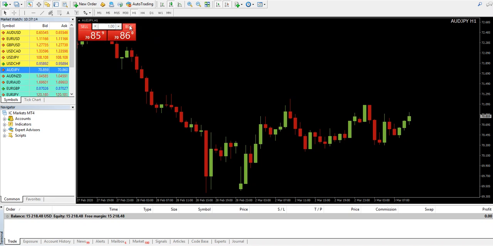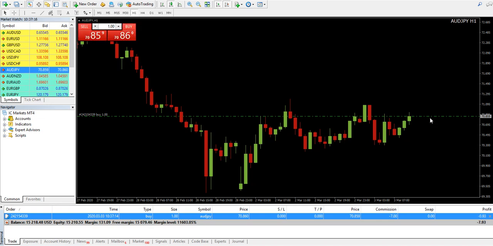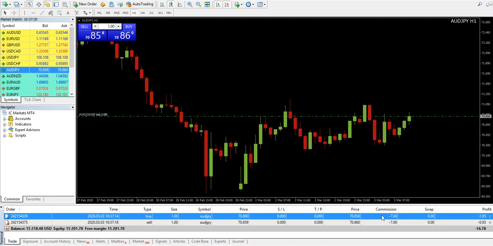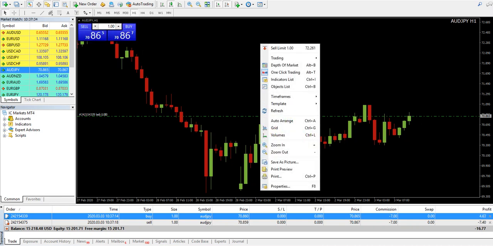So let's buy. Do you see? Okay. Let's sell. Do you see? Now we have two orders, buy and sell down here. AUD JPY, buy. AUD JPY, sell. We bought and sold at the same price. I know it's silly to do that, but just to demonstrate that you can use this shortcut. Okay. So let me close.